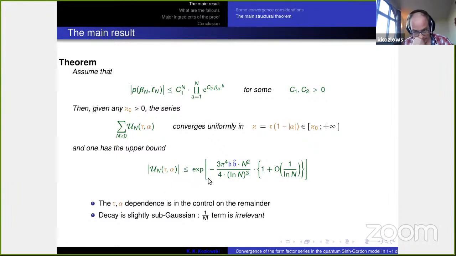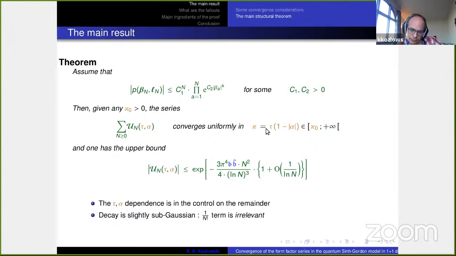It will basically decay with n slightly sub-Gaussianly, with a correction of 1 over log n to the cube and some explicit prefactor. So in the upper bound for un, there is no dependence on the parameters r and alpha in the leading asymptotics, but it is in the subleading asymptotics.